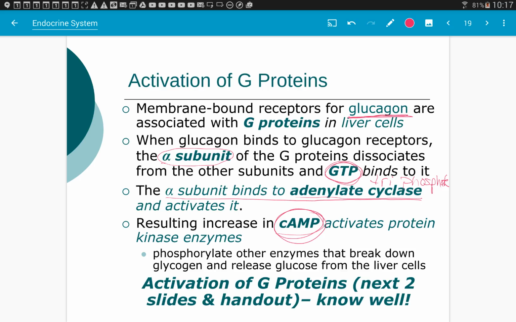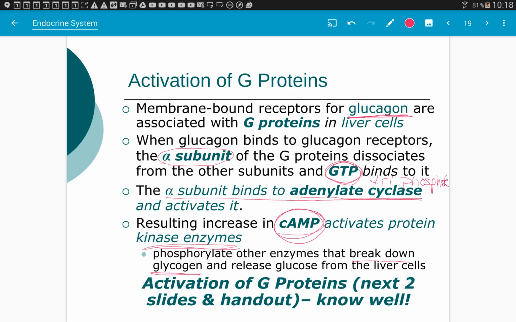If you increase cyclic AMP, that is going to activate certain enzymes inside the cell. And the whole purpose of this is to ultimately break down glycogen from liver cells.